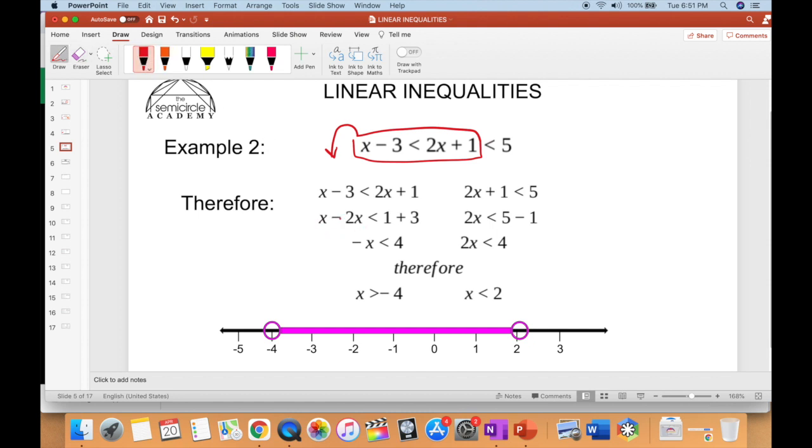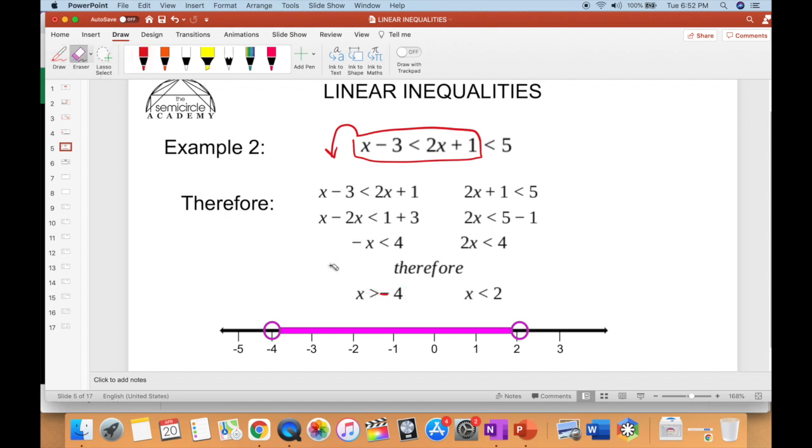X minus 2x is negative x, and 1 plus 3 is 4. And so I have negative x is less than 4. Well, now I have to multiply by negative 1 on both sides to get rid of that negative x. So now you see the sign flipping. Positive x now is greater than negative 4. So that is the first answer that I got there.